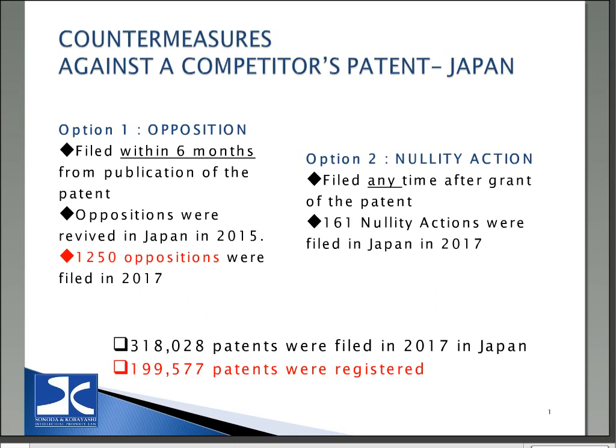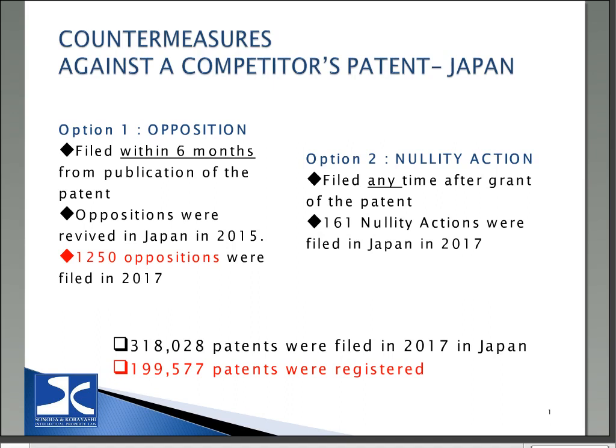As opposed to this opposition, you can use also nullity action. And for this, there is no time limit, so any time after grant, even after a patent is expired. Last year, 161 nullity actions were filed. So in total, about 400 oppositions and nullity actions were filed last year to challenge the validity of a patent.